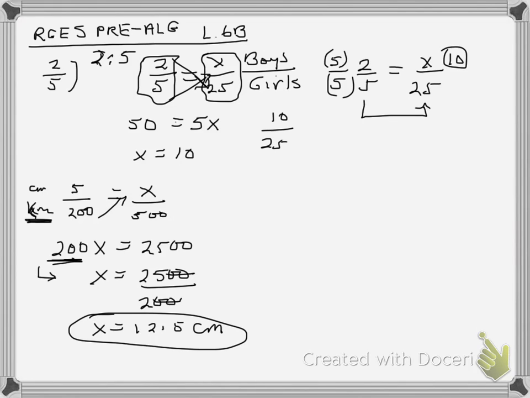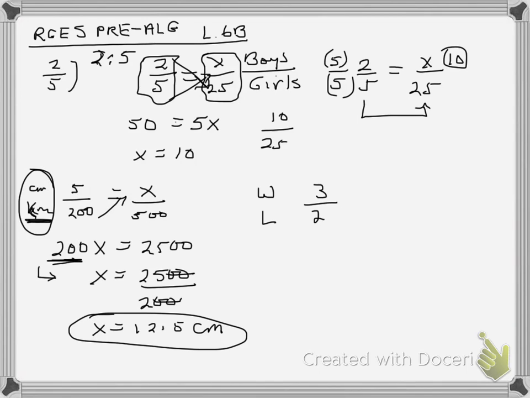Let's look at another one. The next example is a little bit tricky, and I'm going to show you why. It just illustrates the necessity of labeling. It says the Greer volleyball team played 25 games. The ratio of games won to lost was 3-2. So won to lost, that ratio was 3-2.